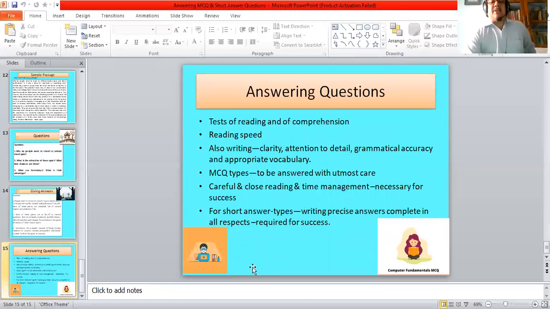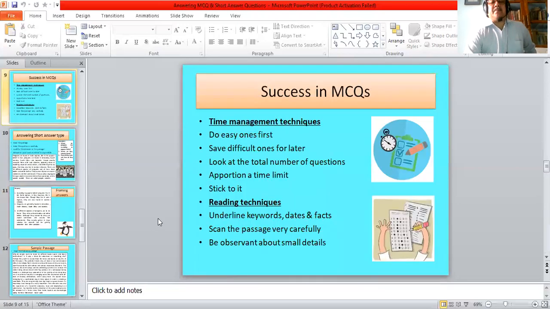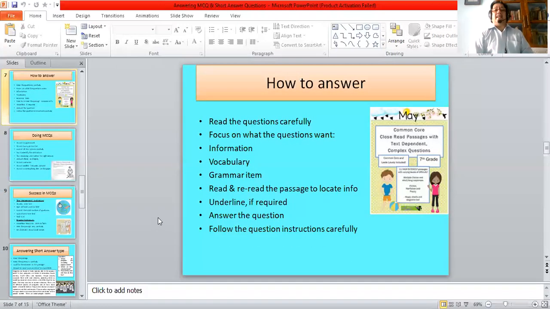So, in the course of this lecture, I think I have shed some light on how to answer the text-dependent questions, which are basically MCQs and short answer type questions. Many of the MCQs are based on the information content contained in the passage. Many of them are vocabulary type questions. So, how we are going to read the passage, to skim and scan the passage in detail, this is very important for getting the MCQs right.